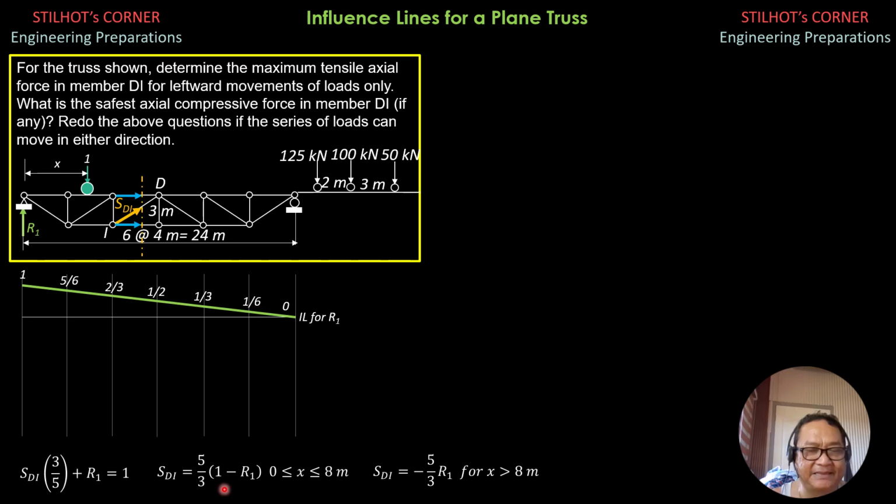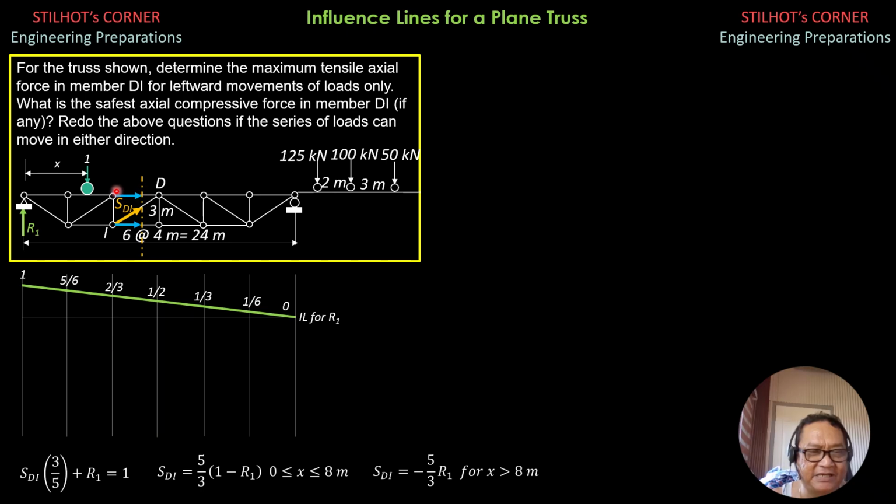So we can now plot the influence line for SDI. When x is 8, this is the maximum value. 1 minus 2/3 is 1/3. 1/3 of 5/3 is 5 over 9.